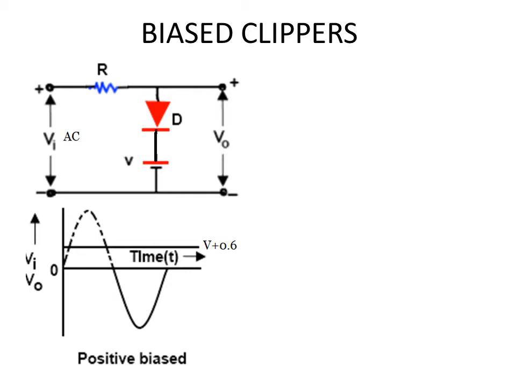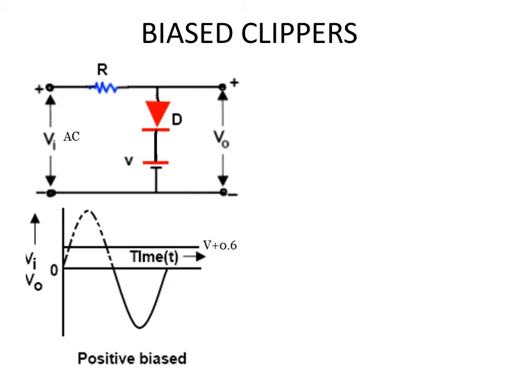If positive 5 volts is the level at which I want to clip, then I have to connect another battery in series with it such that its potential is equal to 4.4. I already have 0.6 because of the diode and 4.4 from the extra battery, so together it will make 5 volts. In that case, the clipping will take place at positive 5 volts.